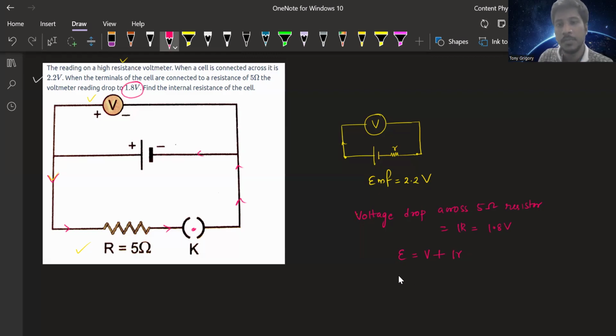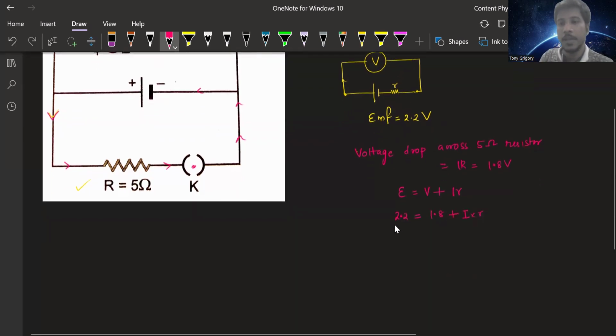So this EMF is 2.2 and the voltage drop across the resistor is 1.8 volt plus I times R, where R is the internal resistance. So taking 1.8 to the other side, this will be 0.4 volt is equal to I times R.